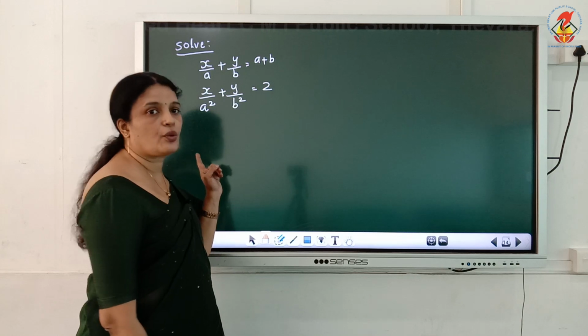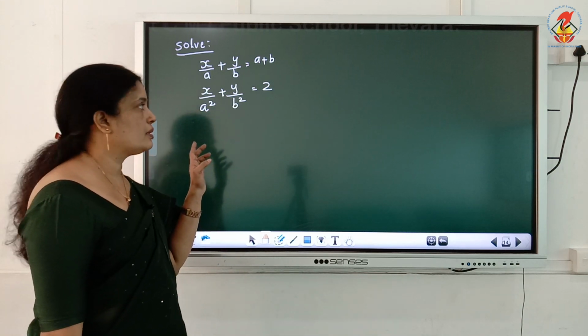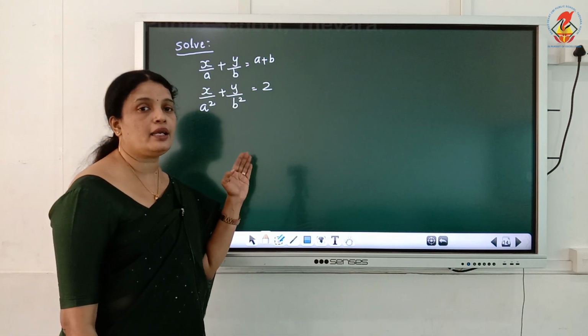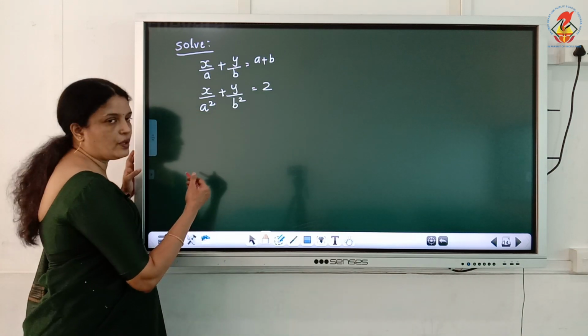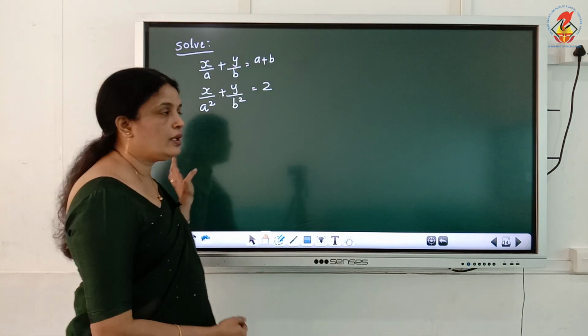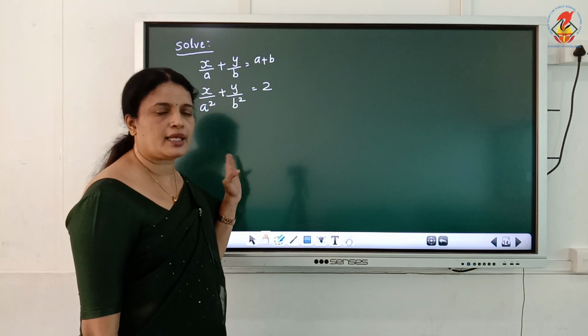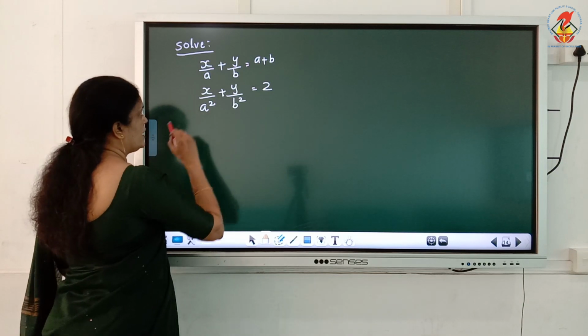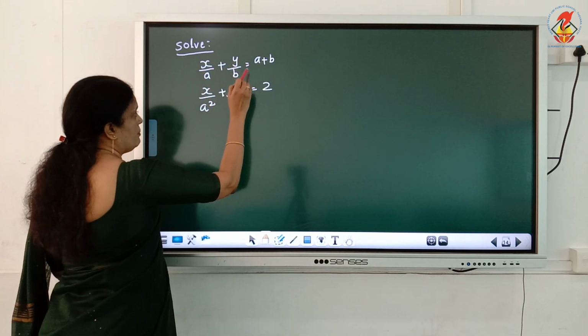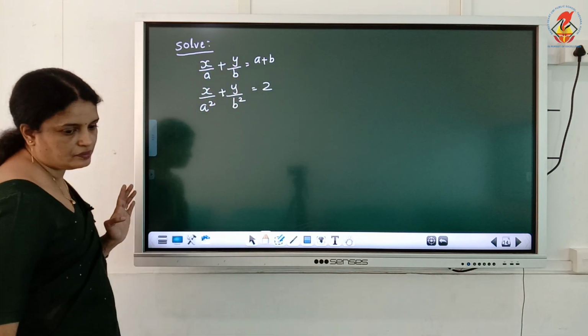This type of equation, how can you solve it? You can solve it very easily by the cross multiplication method. In this type of equations you can solve by the cross multiplication method. That method is very easy. Then here you can write x by a plus y by b equal to a plus b.